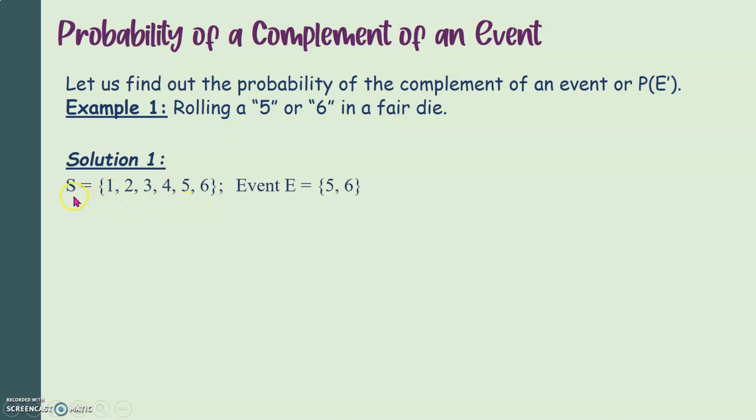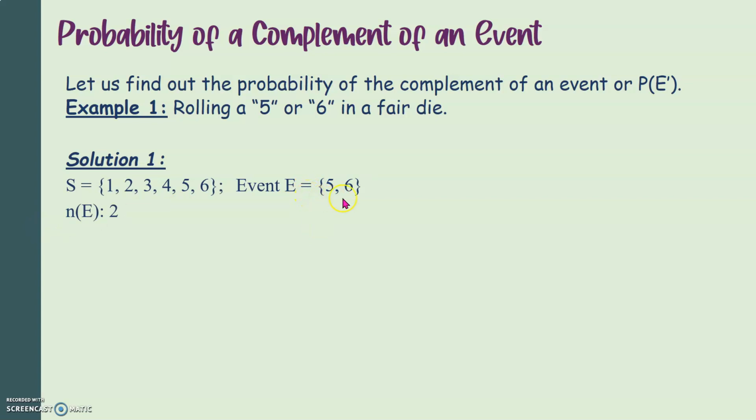So our sample space consists of 1, 2, 3, 4, 5, and 6. Since we are asked about the event of getting 5 or 6 in rolling a fair die, our event is just 5 and 6.